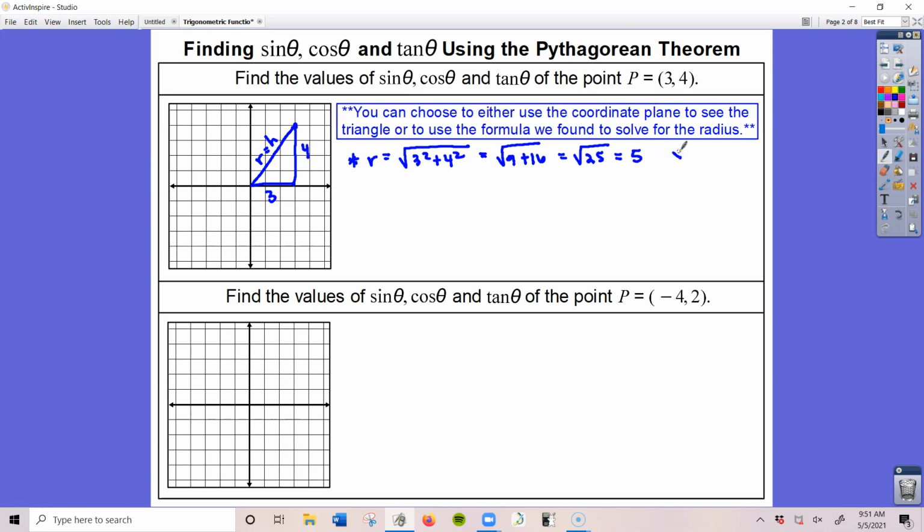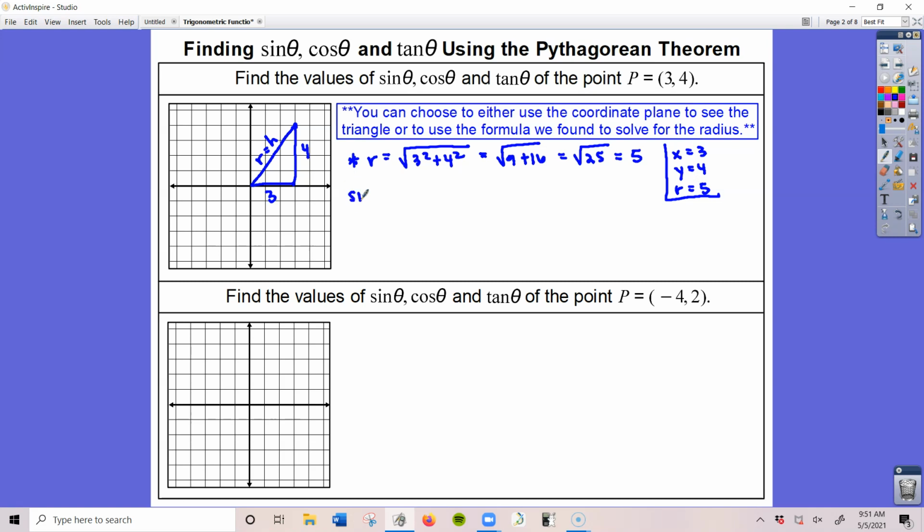So now we have x equal to 3, y equal to 4, and the radius equal to 5. I like to create a little chart with all of my values, so that when I'm figuring out sine, cosine, and tangent, I just plug in those values.